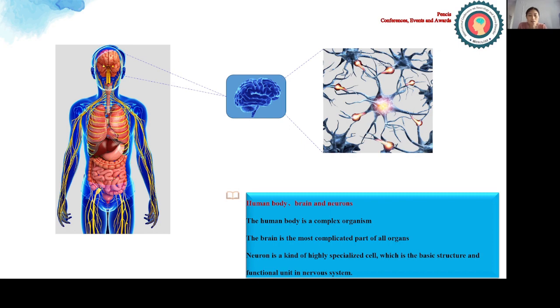The neuron is a kind of highly specialized cell, which is the basic structural and functional unit in the nervous system. Neurons can receive, integrate, transmit, and output neuron signals in real time, and can realize the interaction and propagation of neuron signals between neurons.